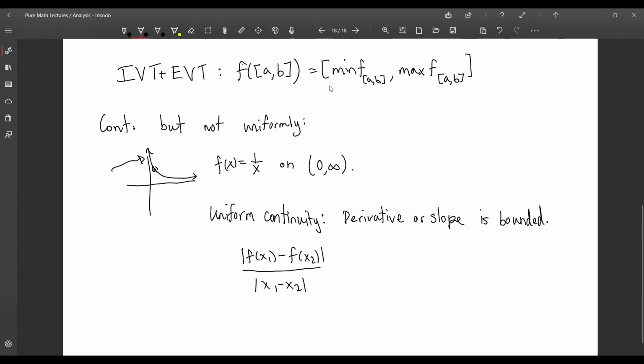This is the absolute value of the slope, and essentially, uniform continuity means we can always bound this by some m, which is equal to epsilon over delta. If I pick an epsilon, I can pick a corresponding delta. That always works. And here we see why that fails, because 1 over x is getting steeper and steeper, right? The slope is going to infinity, and so it's not uniformly continuous.